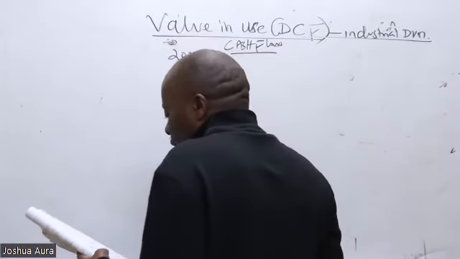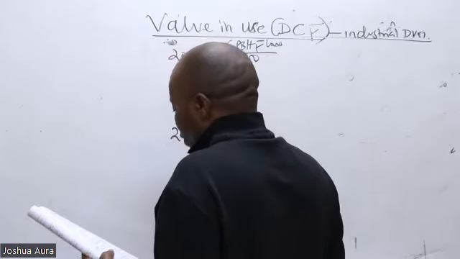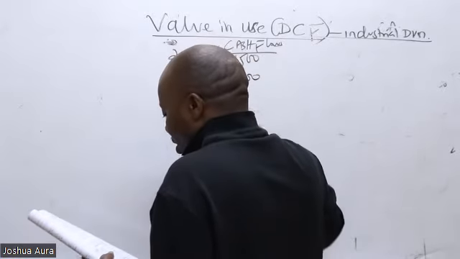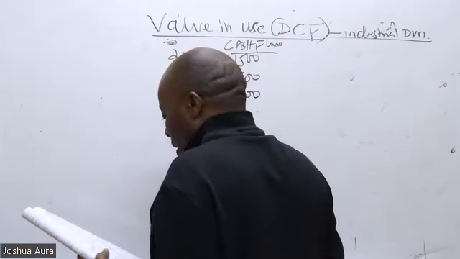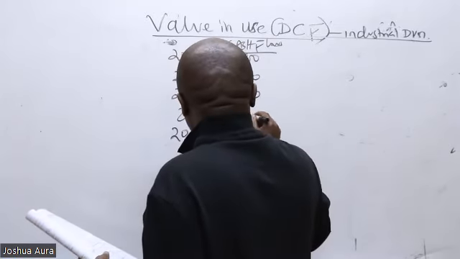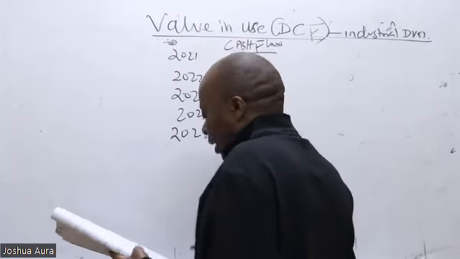The first cash flow in 2021 is 1,500. The second cash flow is 1,500 as well. The third cash flow is 1,000. The fourth cash flow is 1,000. The fifth cash flow is 1,000.